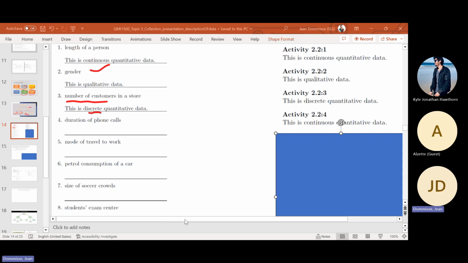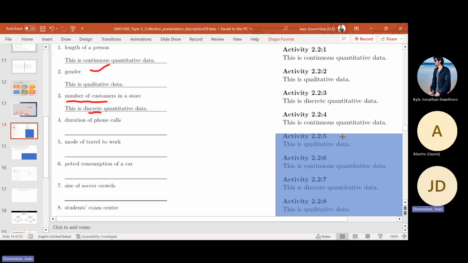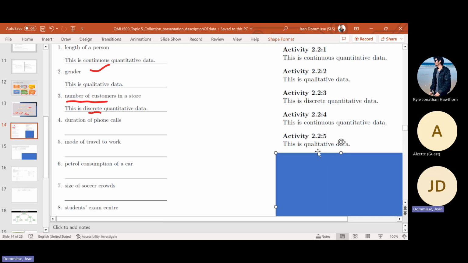I would also have gone for nominal because there's no order. They just said qualitative, but if you want to go further, qualitative nominal because there's no order.